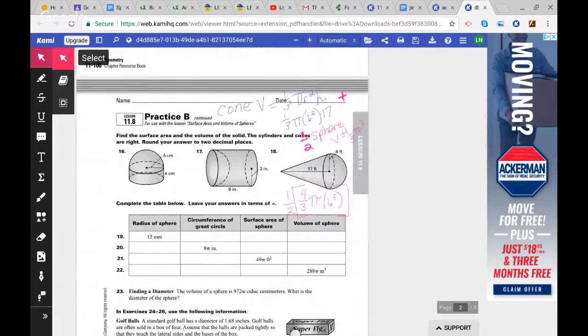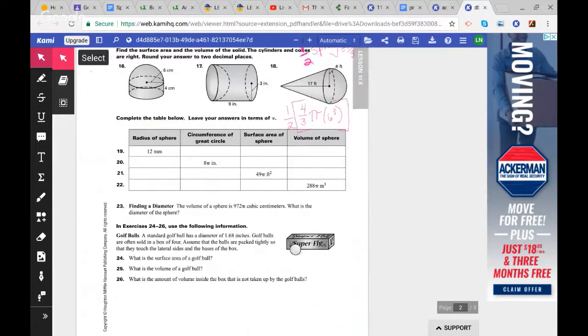Okay, 16 through 18. Somebody asked about that yesterday. That's why this is scribbled on. So just do the volume with those, not surface area. Okay. And then in the little table, just skip that column about surface area. And the volume 23 is about volume. 24 you can skip.